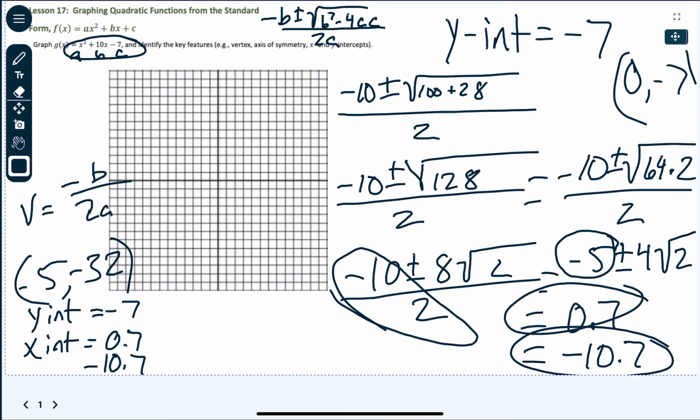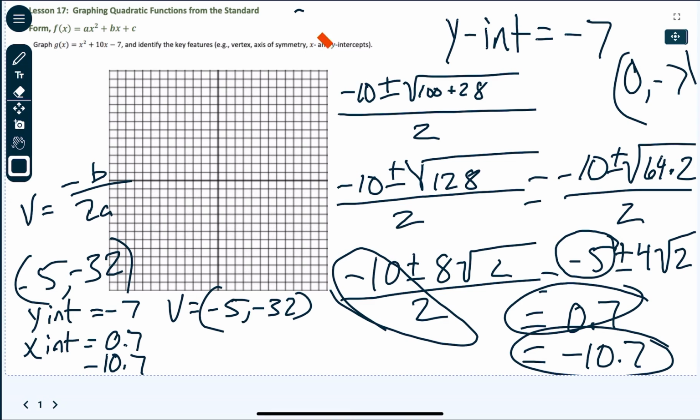That was -0.7, correct? Anybody remember? I think that's right. Okay. So now we got the x-intercept, we got the y-intercept. What else do we need? Vertex is equal to -5, -32. That's got it, right? We can graph it from that.